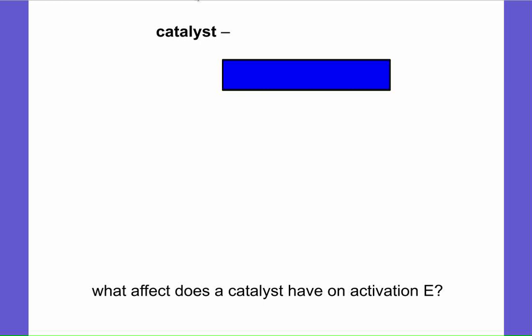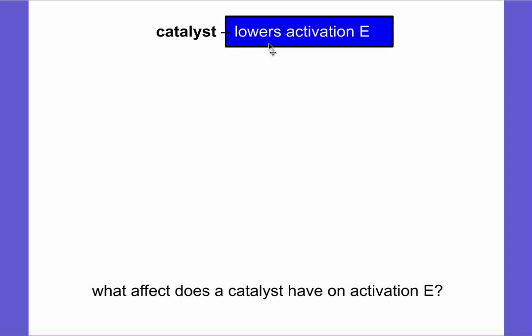So then a catalyst. A catalyst is something that helps lower activation energy for a reaction. So if I draw that same picture again, you're going to need this drawing in your notes, so make sure you draw it again.